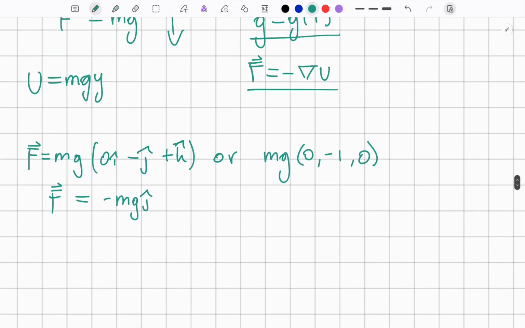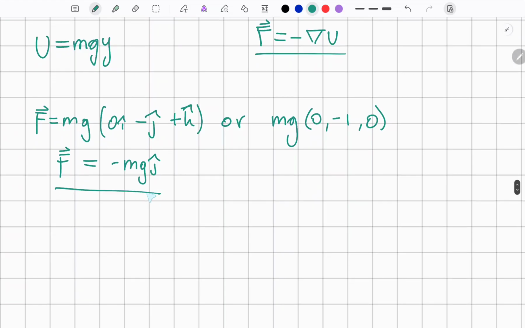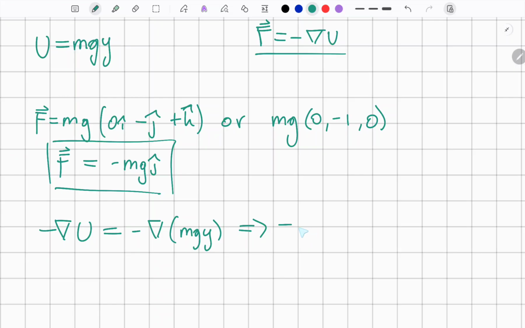Now we want to take the negative of the gradient of the potential energy. So it's going to be negative gradient of mgy, which will be negative mg times the gradient of y.